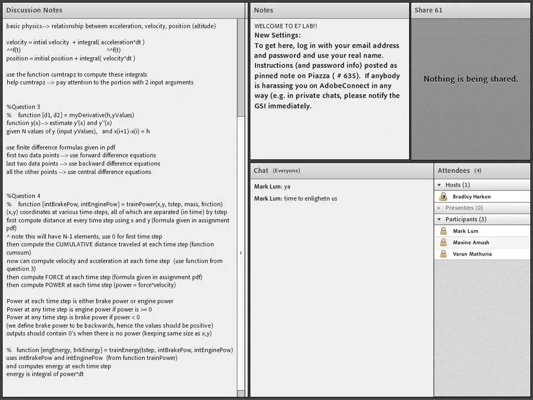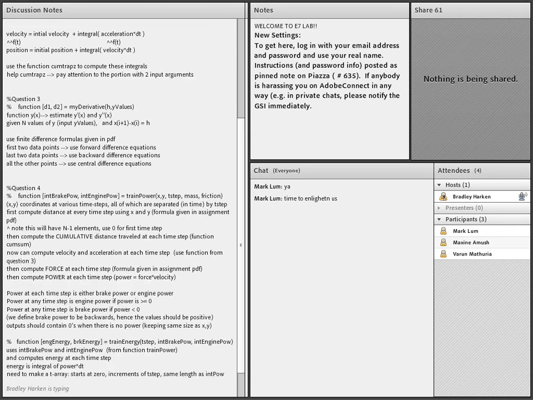So the first thing we do is, in this case, we're given a t step but not a t array, and we want to make an array of t values. So we want to start at 0, and then we have increments of size t step, and the total length of this array is going to be the same length as the input int power arrays.